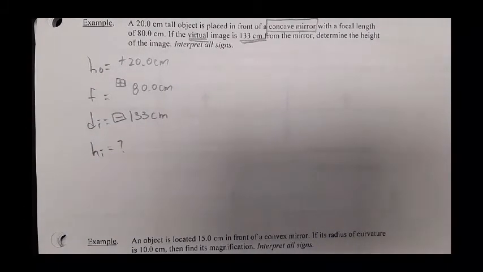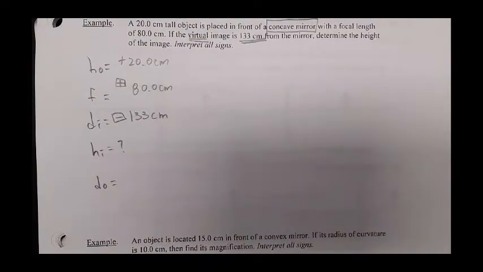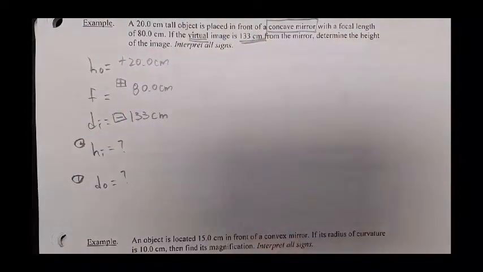Now, to apply this, we need to know DO, where the object actually is. So, the first step is finding DO, and the second step is finding HI.